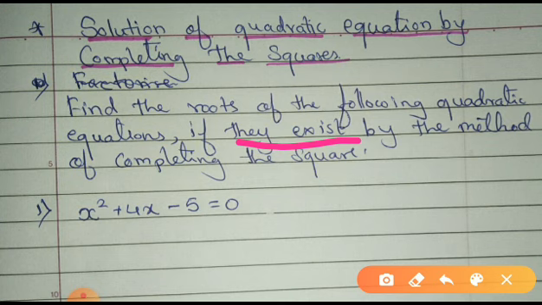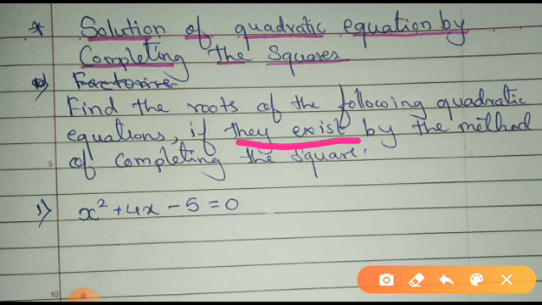The third method is the formula method. So you can use any method, but if it is specified to solve by completing the square, or by formula method, or by factorization, then that specific method should be used. Clear? So let's start with our first question.